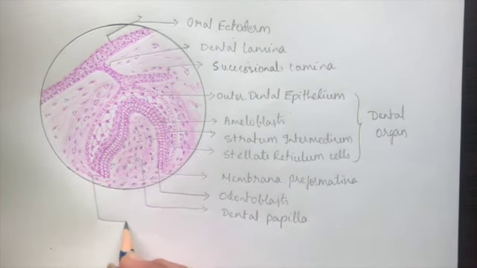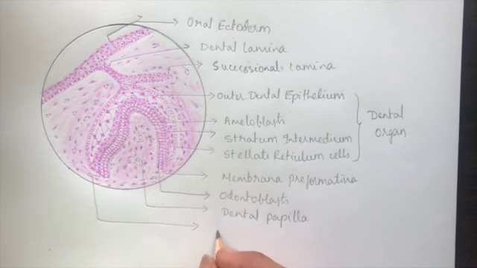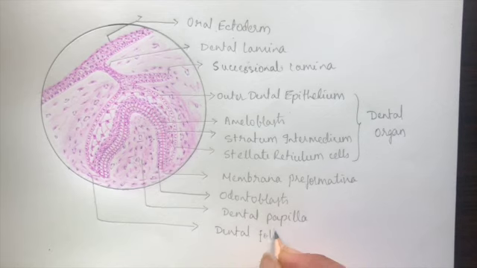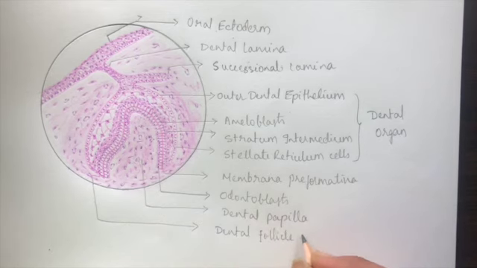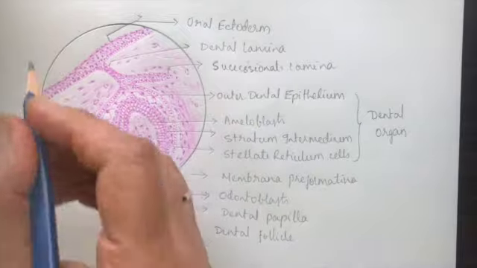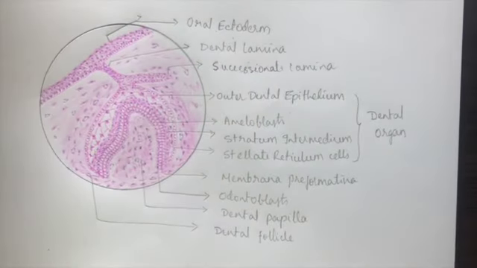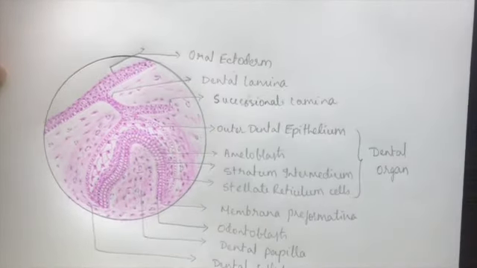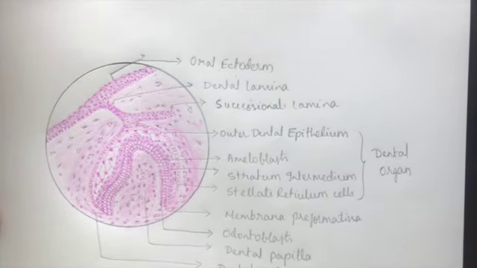Then we have the dental follicle, or the dental sac cells. I think these are the layers of cells that we see in early bell stage. So we shall label this part as early bell stage.